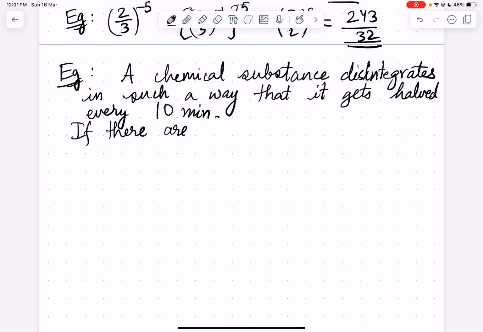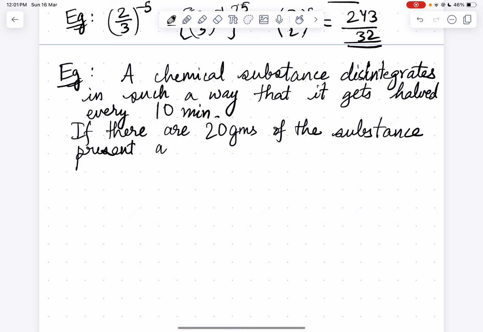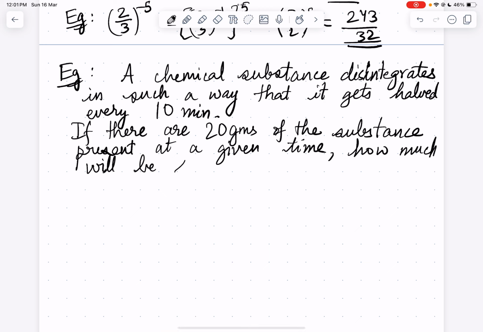If there are 20 grams of the substance present at a given time, how much will be left after 15 minutes? After 50 minutes?